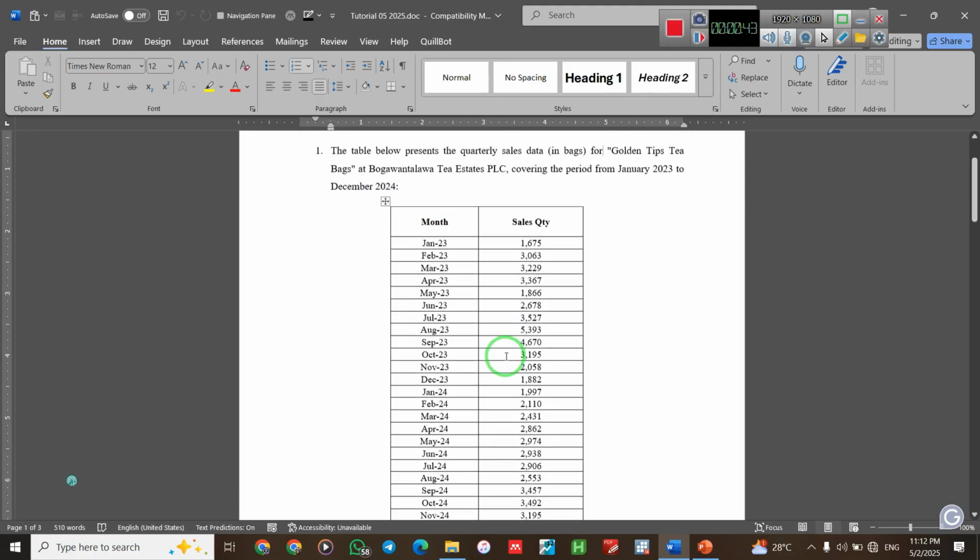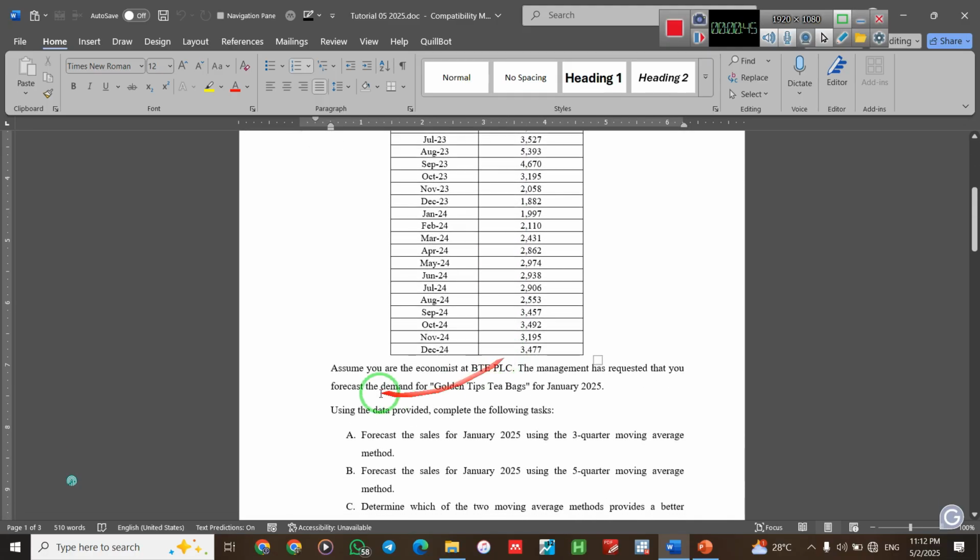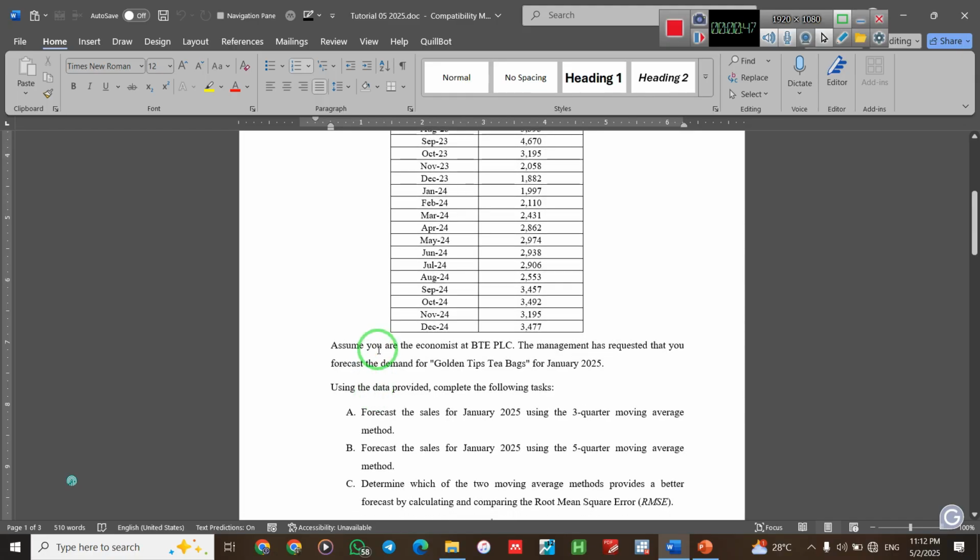This is your data table. Then they say assume you are the economist at BTE PLC. The management has requested that you forecast the demand for the golden tip tea bags for January 2025. Using the data provided, complete the following tasks.